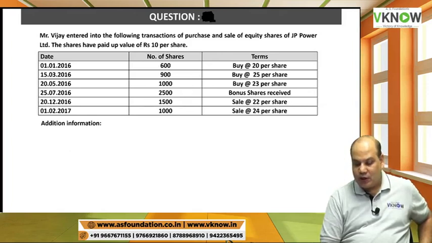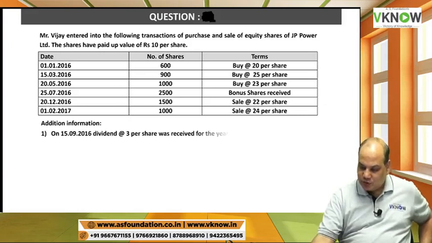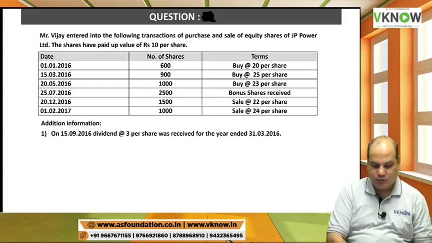Second line, buy at rupees 25 per share. Keep writing fast. Buy at rupees 23 per share. Then write bonus shares received. Sell at rupees 22 per share. Sell at rupees 22 per share. Last one is sell at rupees 24 per share.